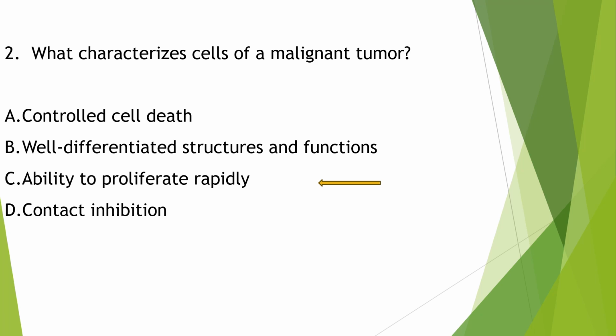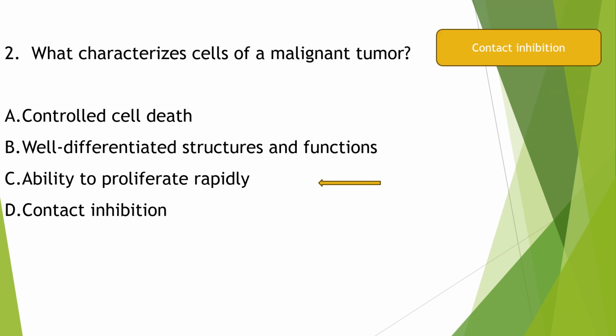We need to talk about some other points also in the slide. Normal cells grow in a structured pattern, and this cell growth is equal to the number of cells which are dying or shedding. The second point is contact inhibition.